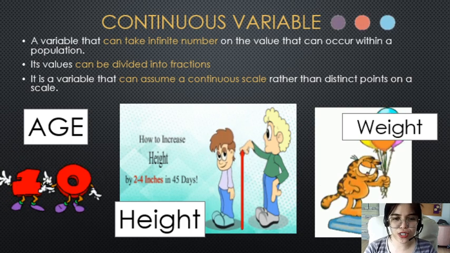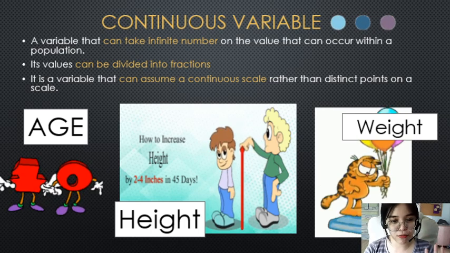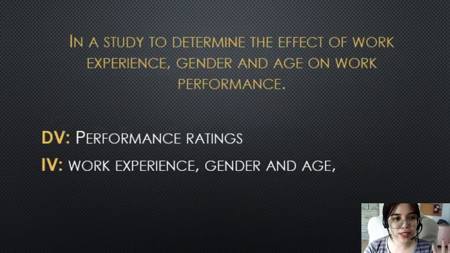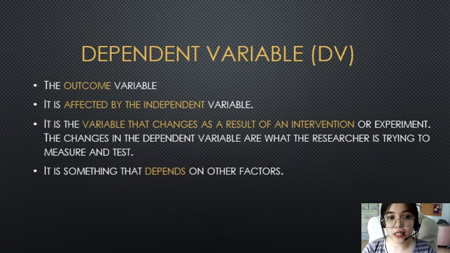Ulitin natin. Let's just have a recap of the four types of variables. Again, when we say independent variable, ito yung nakaka-apekto. Ito yung nagkukos. When we say dependent variable, this is the outcome, ito yung naaapektuhan ng independent variable.